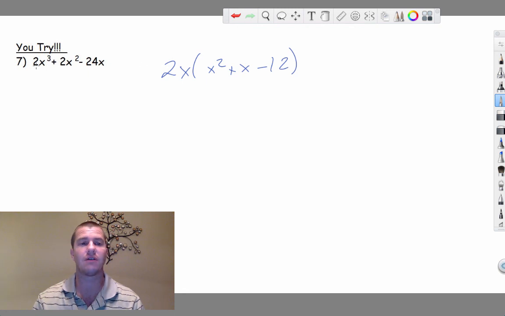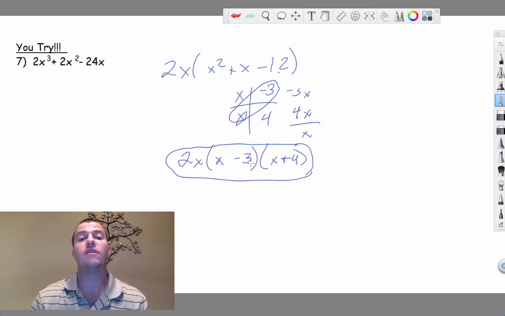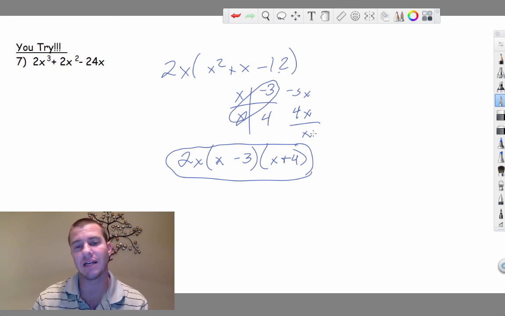And so when I factored out the 2, this became 1, this became 1, this became minus 12. I factored out an x, and each of those x terms decrease by 1. So pause it again and go ahead and try to factor the rest. And you should have gotten your answer x minus 3 times x plus 4, and they add up to 1x. Negative 3 and positive 4 multiply to be negative 12. But remember, you do need that GCF that you factored out at the beginning, that 2x.